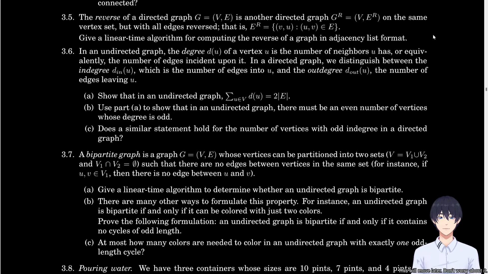Memory doesn't matter though, right? Linear time. So that's trivial. Just write them all down, and you're done. Maybe they want you to present the graph in adjacency list format.